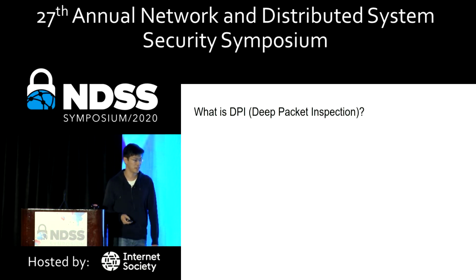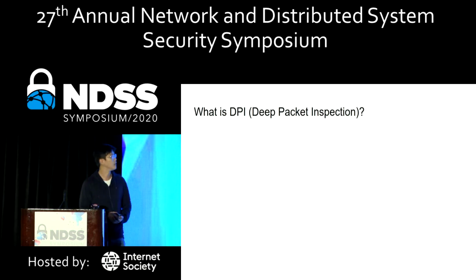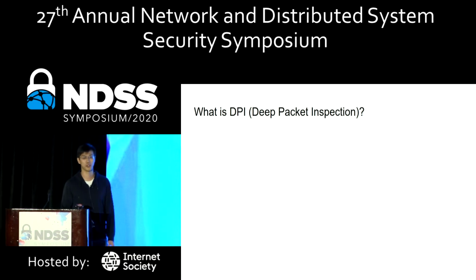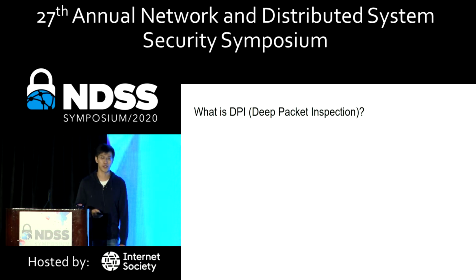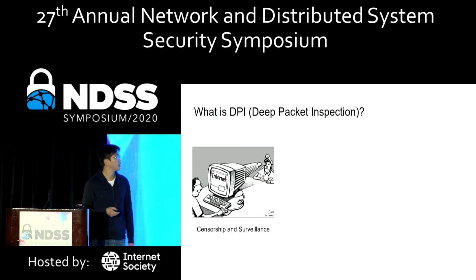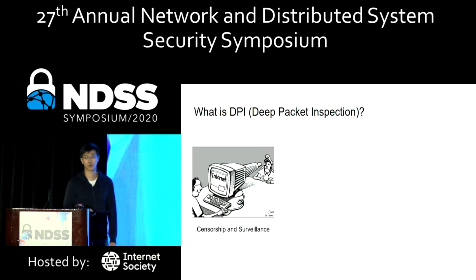So what is DPI? You might not be familiar with deep packet inspection, but you should know that when you are communicating with someone on the internet, it's not only you and the other party who can see the information. There are other parties who can also see the information in your private communication. For example, the government can do censorship and surveillance on network traffic, so they can know what websites or services you are accessing.